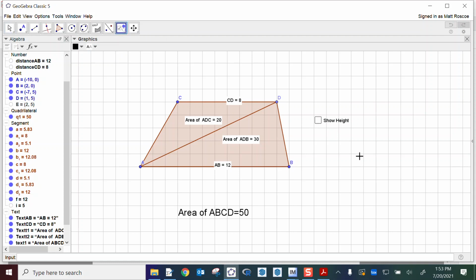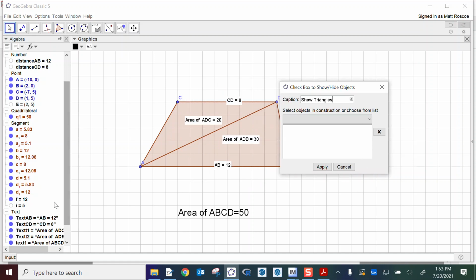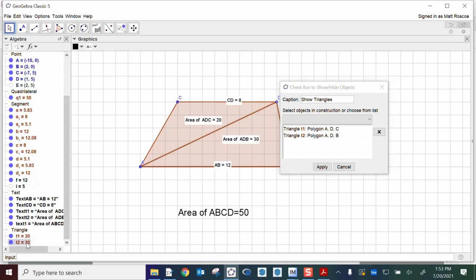Let's go ahead and do another checkbox, how about show triangles. And there what I want to do is these two triangles.